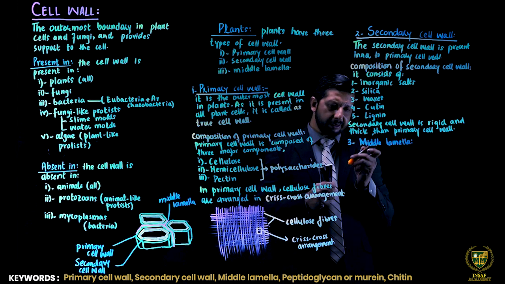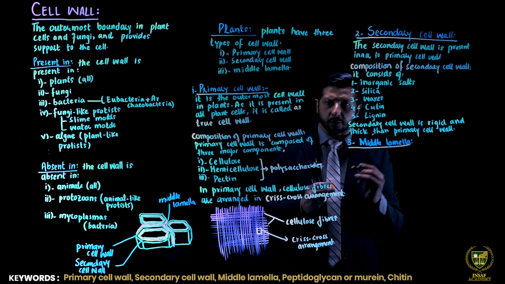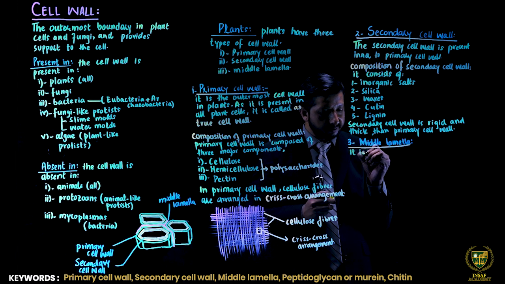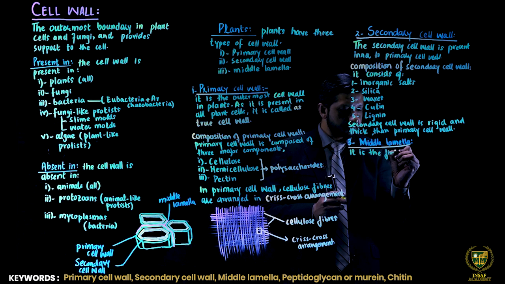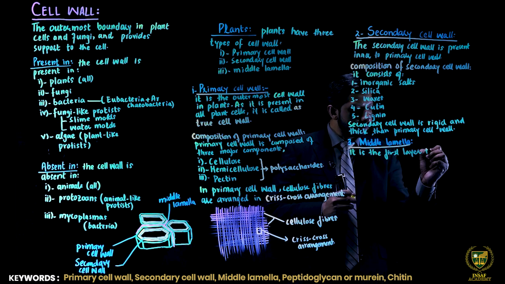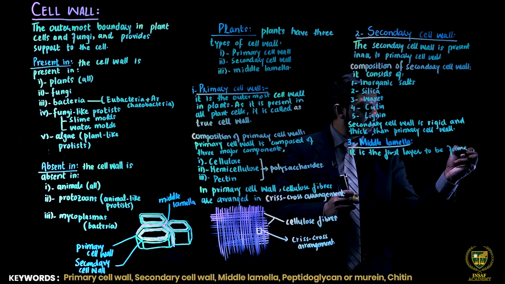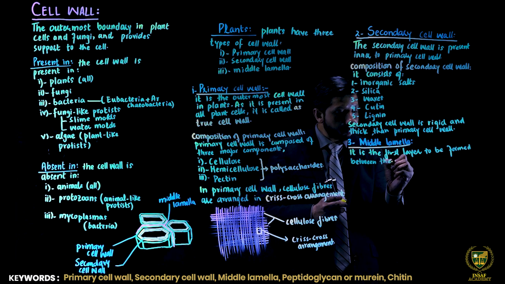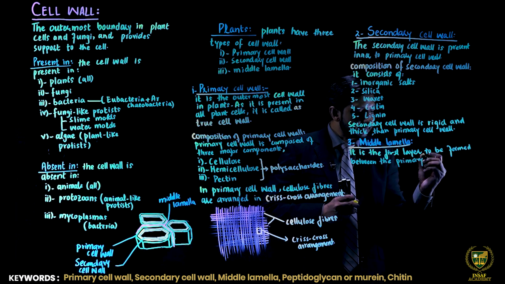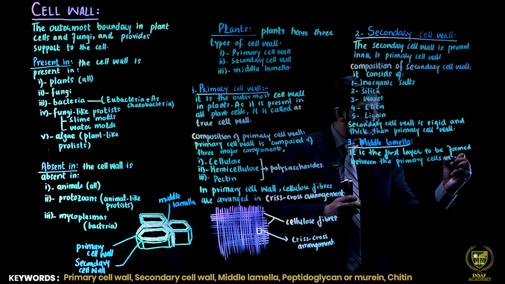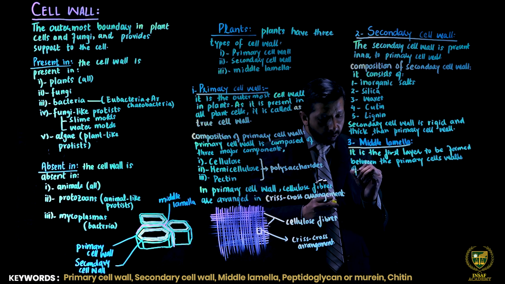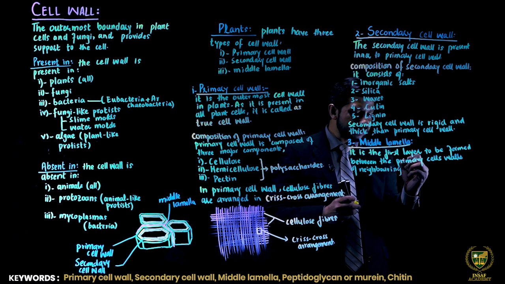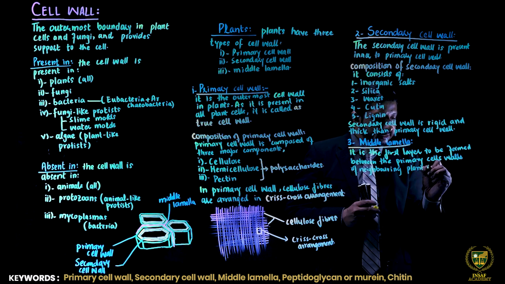So dear students, middle lamella, थोड़ा सा नाम से इसको गौर करें इस पे, middle. So it is the first layer to be formed between the primary cell walls of neighboring or adjacent plant cells.